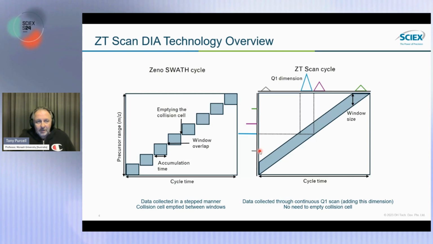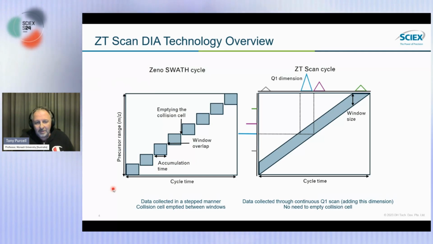So just to give you a brief technology overview, and comparing the two types of analysis. The SWATH analysis and the ZenoSWATH analysis, I'm assuming many of you will be familiar with, and this is a method where windows of ions are let into the instrument to essentially do a collective fragmentation experiment. So the data is collected in a step manner.